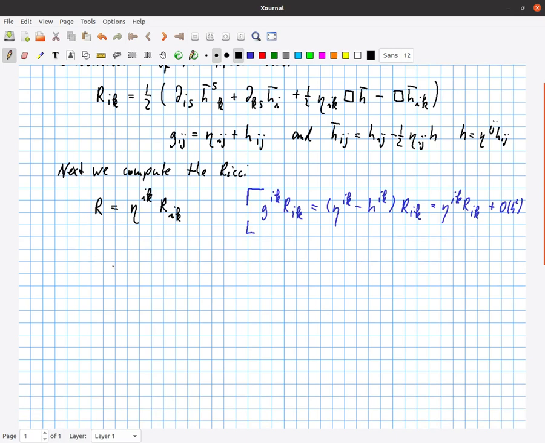We now substitute this in. We have eta^ik.